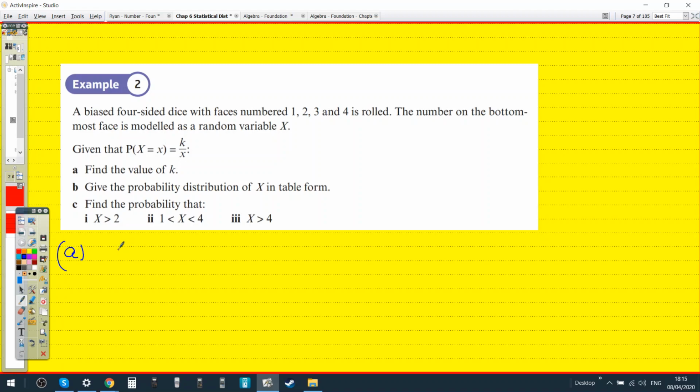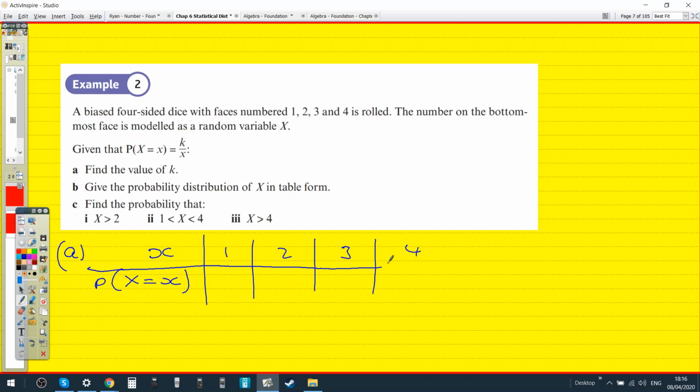The probability that big X equals little x. It can get 1, 2, 3, 4. What is the probability for 1? I don't understand how we can work that out. It is k/x.